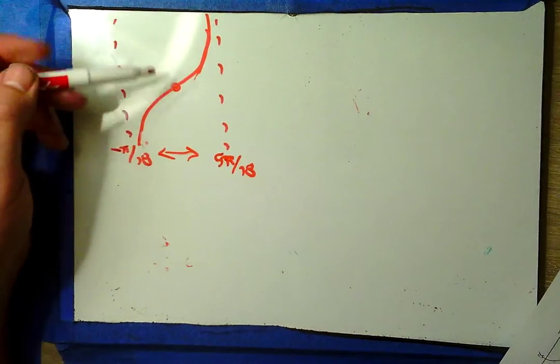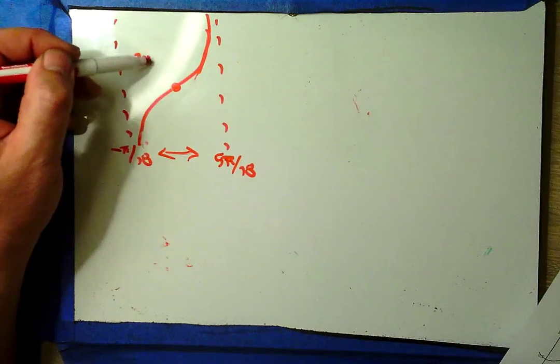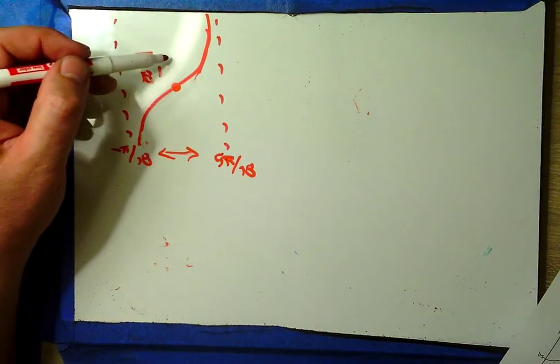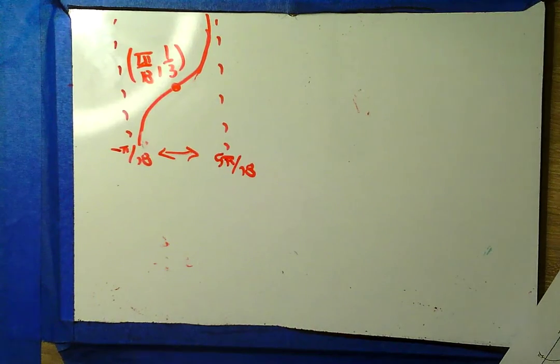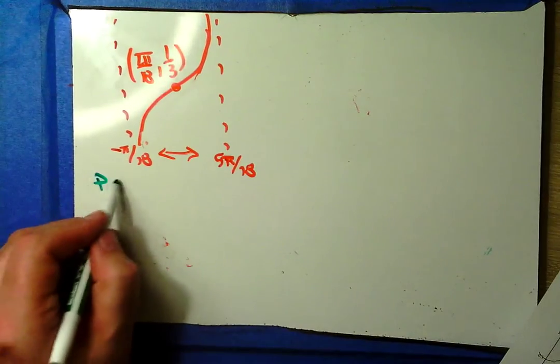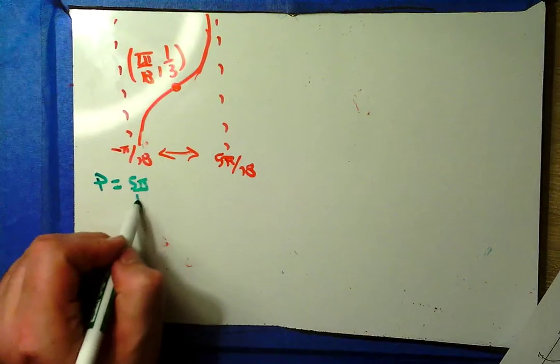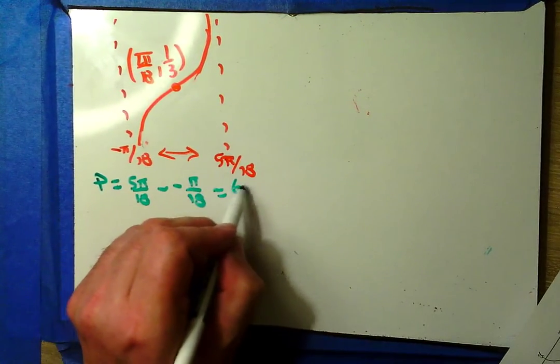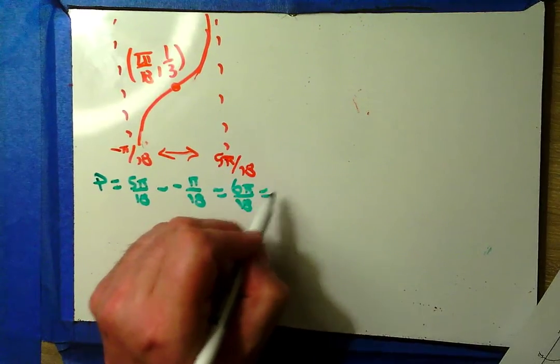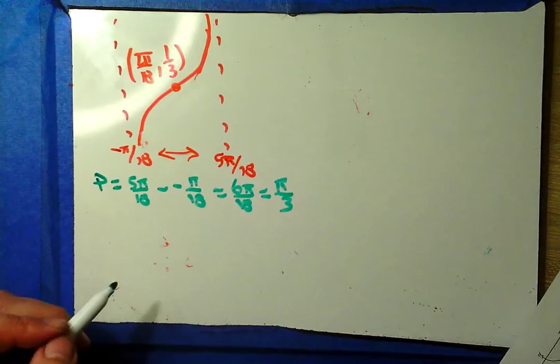And we have this inflection point here at 2 pi over 18, comma, 1/3. All right, so period is 5 pi over 18 minus negative pi over 18. That's 6 pi over 18 or pi over 3.